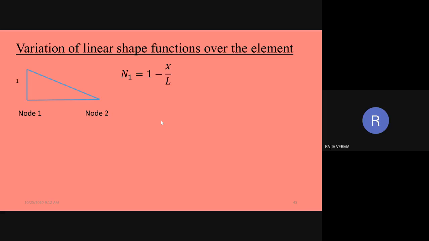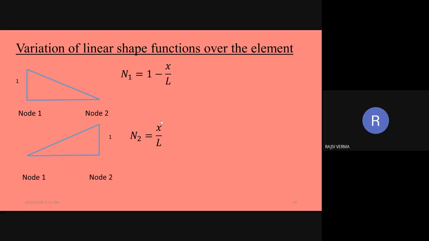But at node number 2, the location happens to be L, which gives you the value of n1 to be 0 at node number 2. In a similar way, you can plot the graph or the variation for the other shape function number n2 also.